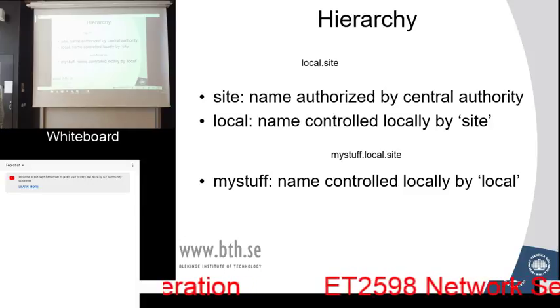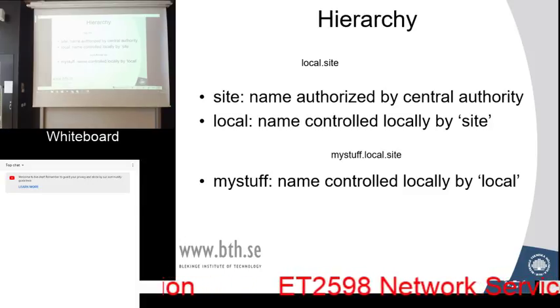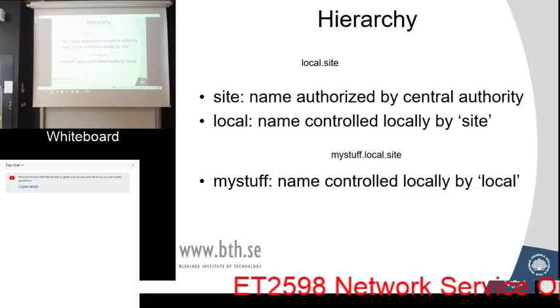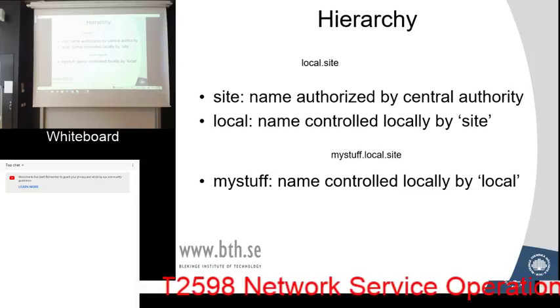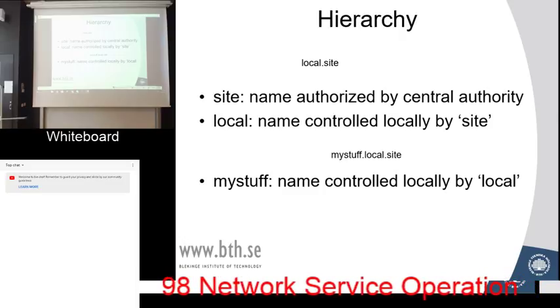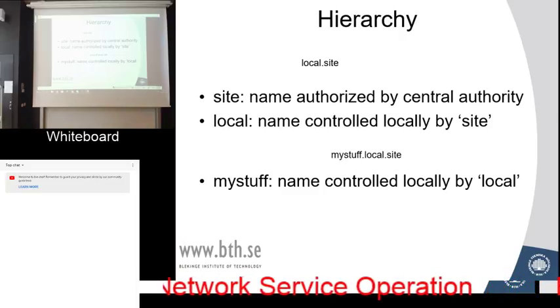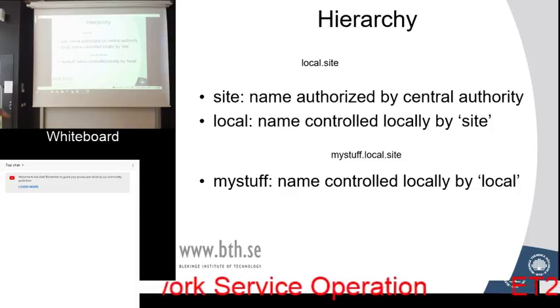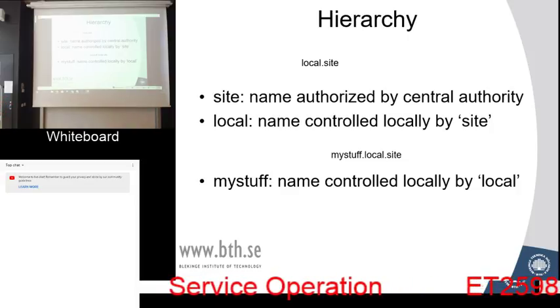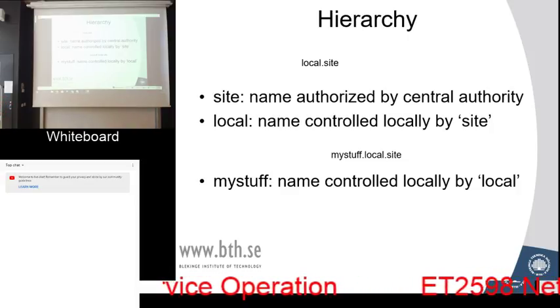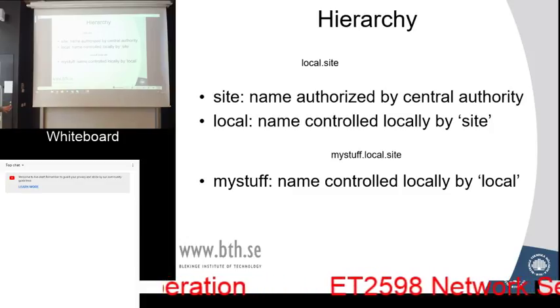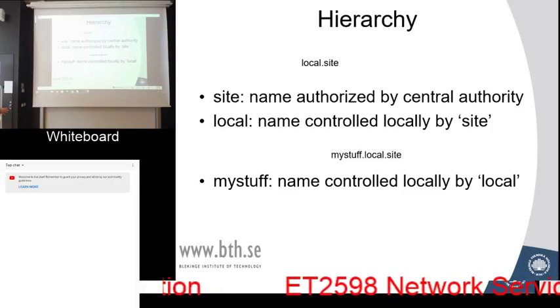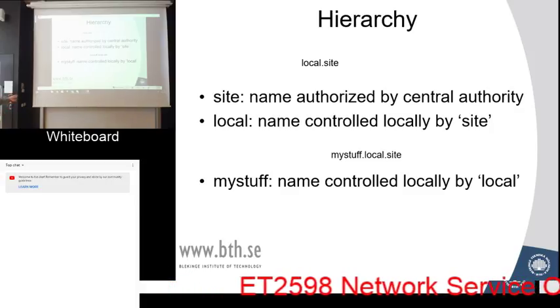The site is usually authorized or managed by a central entity, or a sequence of centralized or orchestrated managed entities, whereas the last part is usually, as said here, controlled by the local entity, the network where it resides.